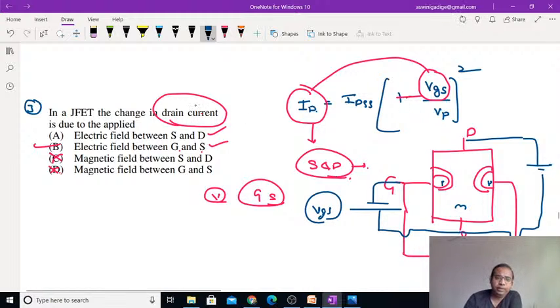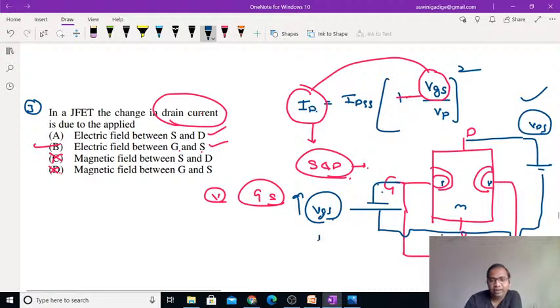Of course, the change in the drain current can be brought about due to VDS and also due to VGS. Both are possible, but most possibly it depends upon the electric field between the gate and source. Why? Because if you increase VGS more, then whatever your VDS might be, the source to drain current becomes equal to 0.